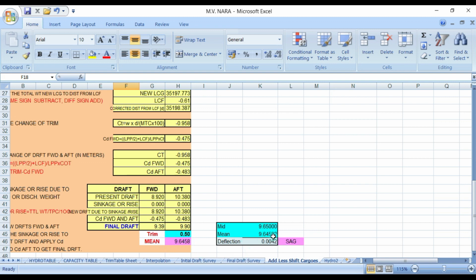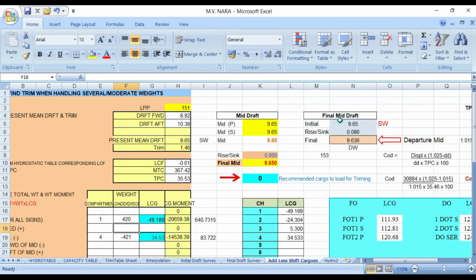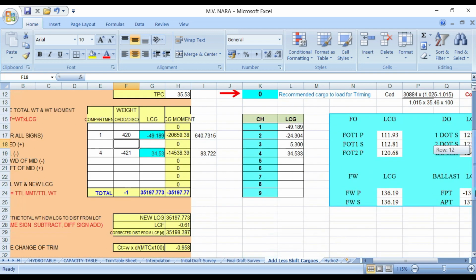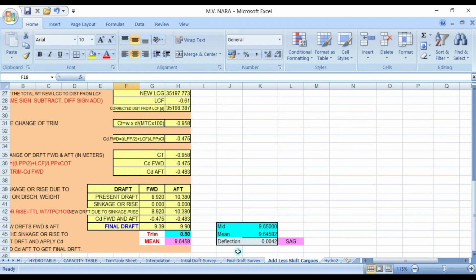With these figures, you will know your deflection, and the deflection is 0. This is the reason why I asked you to put your actual mid drop for the starboard, so that you will know your deflection. And in this case, your deflection is 0.